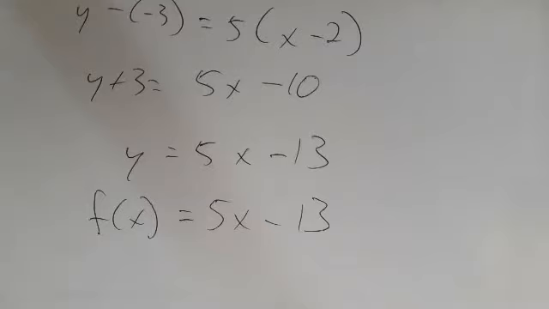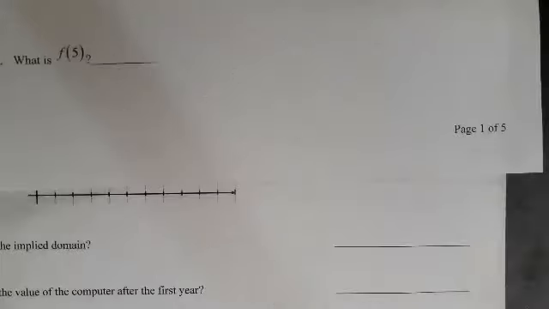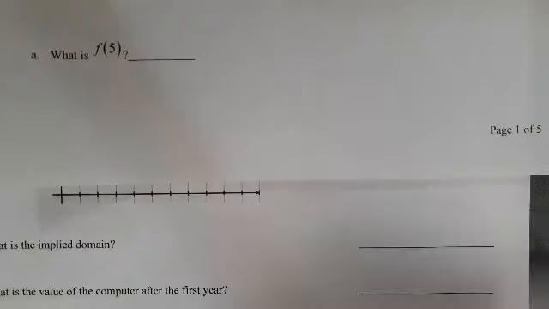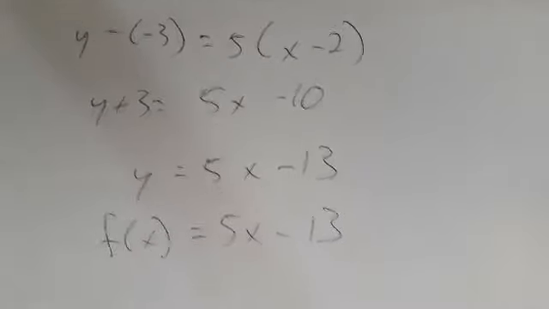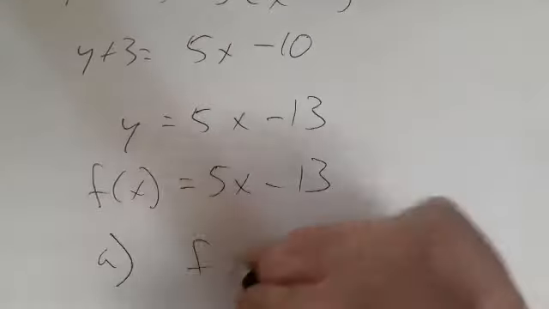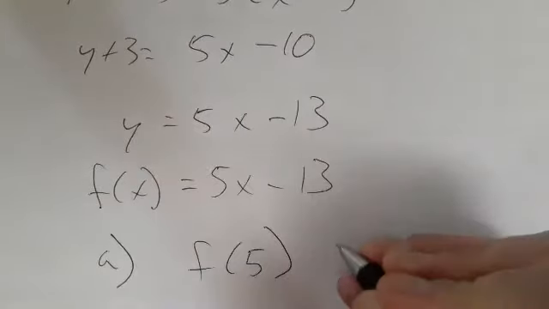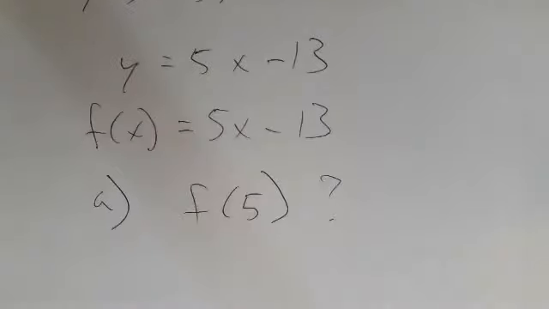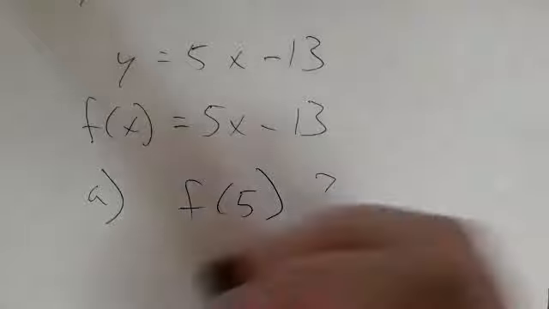Okay, so we have this function, and the last little question on this page asks us what f of 5 is. So if I'm looking at my function, how do we know what f of 5 is? f of 5 is plugging in a 5 everywhere there's an x.